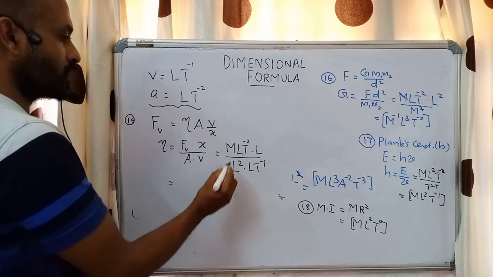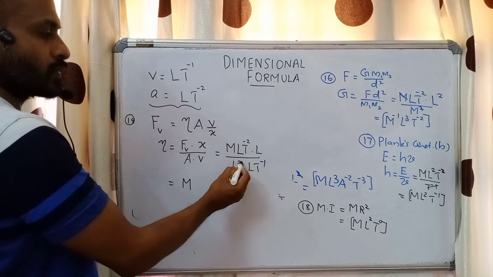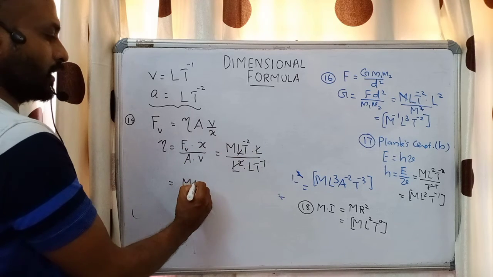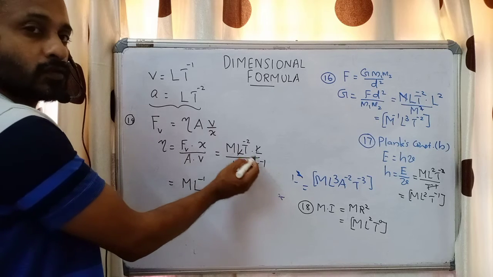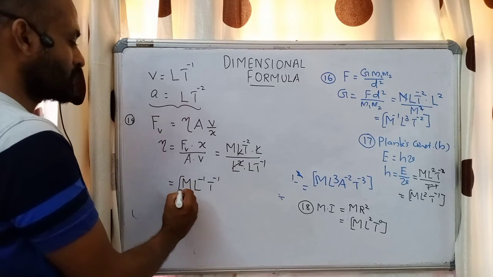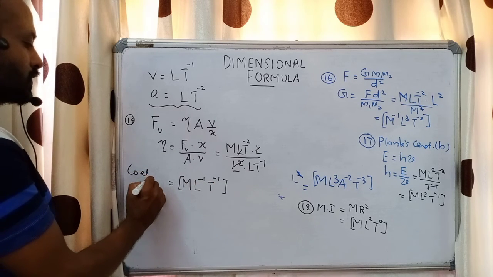Now we need to simplify this. Only one M here. L into L, L square. Here also L square. These two L squares cancel. This L comes up, L raised to minus 1. T raised to minus 1 cancels with the T raised to minus 1 here. So the remaining is T raised to minus 1. This is the dimension formula of the coefficient of viscosity.